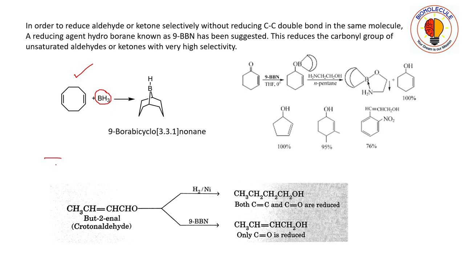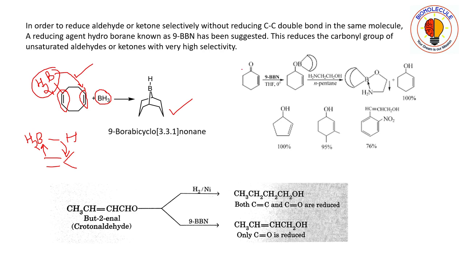The olefin is there, then BH3 will add over here. The addition is syn addition, and then you will get a vinylic borane. Same reaction, but here the substrate is different. Here there are two olefins. First boron will get attached with this one as BH2, then this BH2 will again react with the other olefin to give you this 9BBN.